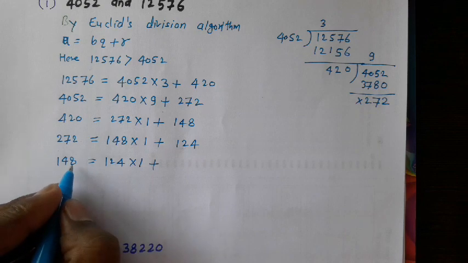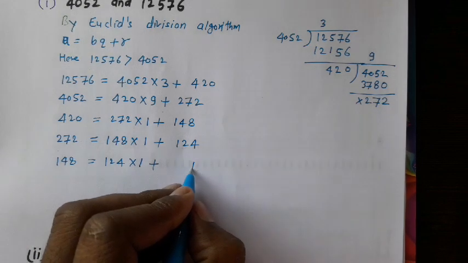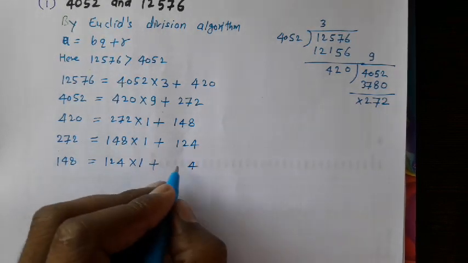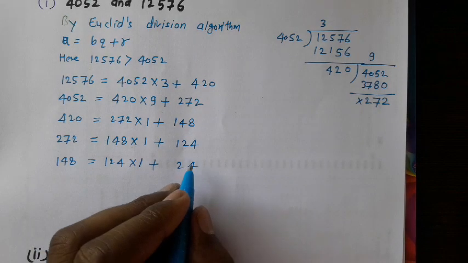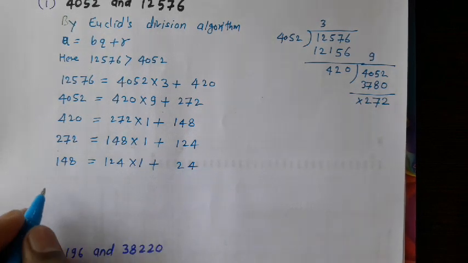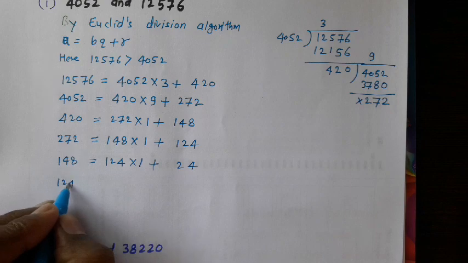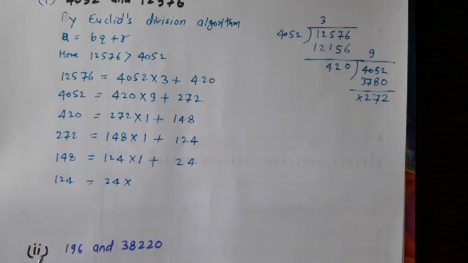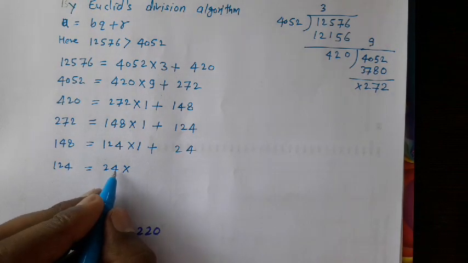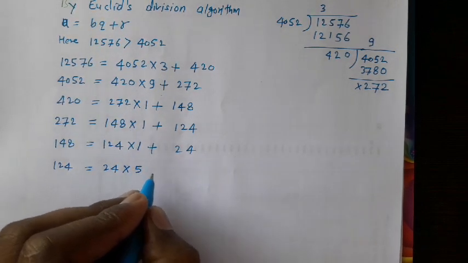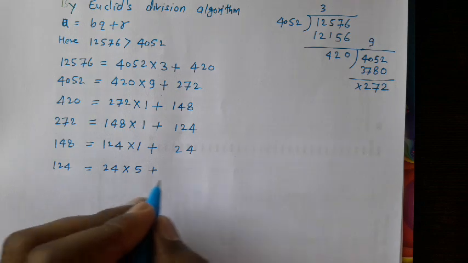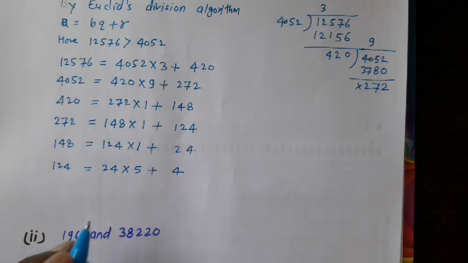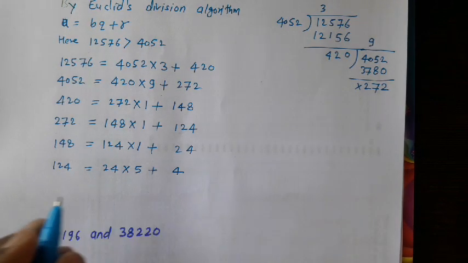Subtract: 8 minus 4 is 4, 4 minus 2 is 2, so 24. The remainder is not 0, continue this process. Now 124 equals 24 multiplied by, we know that 24 5s are 120, so you can take 5 as the quotient plus remainder 4. Again the remainder is not 0, continue this process.